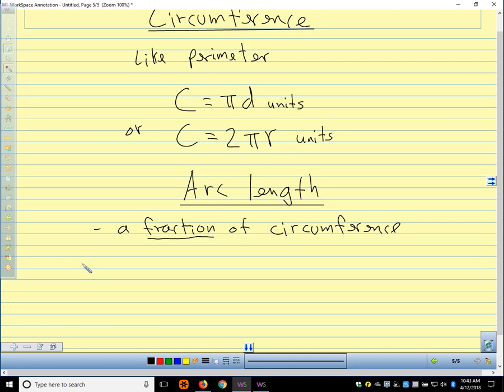And what we're interested in is how far part way around the circle. So we want to know what the length is part way around the circle. Well, we're going to use our equation for the circumference to help us come up with the equation of a length of an arc.